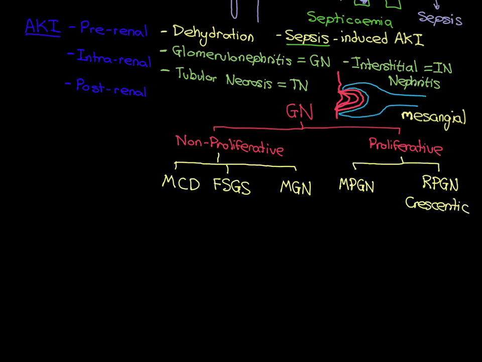So let me try and talk you through this. Again, let me stress that these different diagnoses of glomerulonephritis are made by histopathologists. Glomerulonephritis is fundamentally inflammation of the renal corpuscles, inflammation of the glomerulus, the glomerular basement membrane, the mesangium, and maybe the basement membrane. When you take a renal biopsy, the histopathologist can look at it underneath the microscope and they can further categorize it depending on how bad the inflammation is.